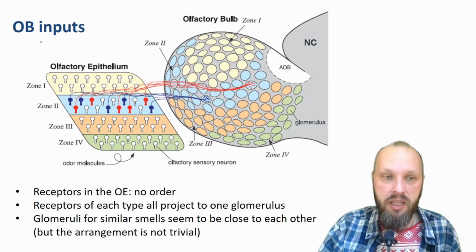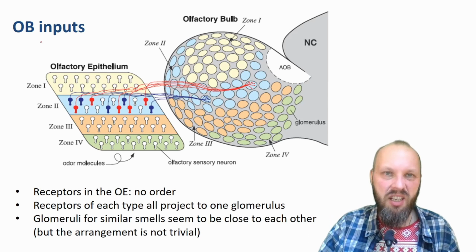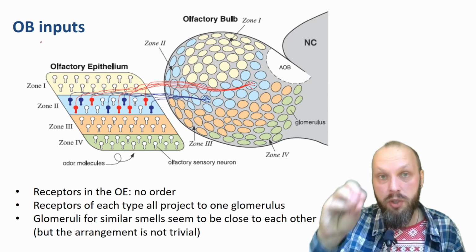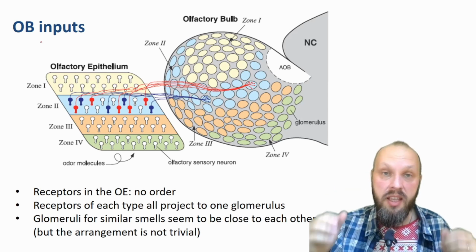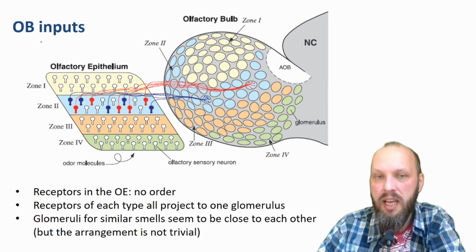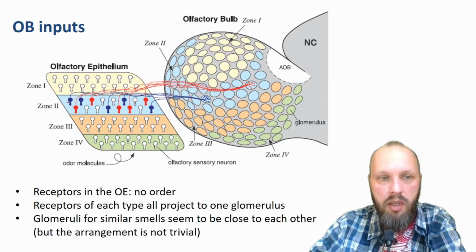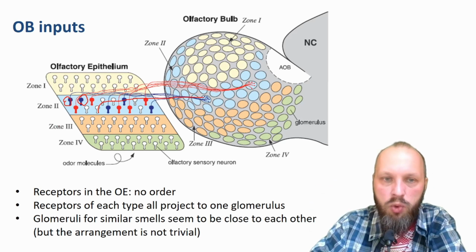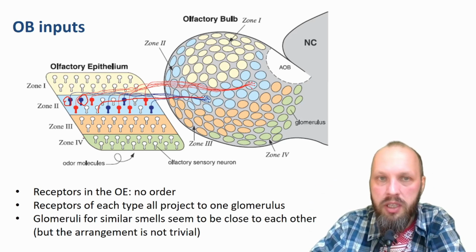In the olfactory epithelium, all olfactory receptors are kind of scattered, there is no order, but then they grow and they connect to different glomeruli, these groups of cells in the olfactory bulb, and they synthesize the experience of smelling. That's what's probably happening. And it's interesting because these scattered neurons send their axons, and from the entirety of the olfactory part of your nose, they reach this one glomerulus in the olfactory bulb.